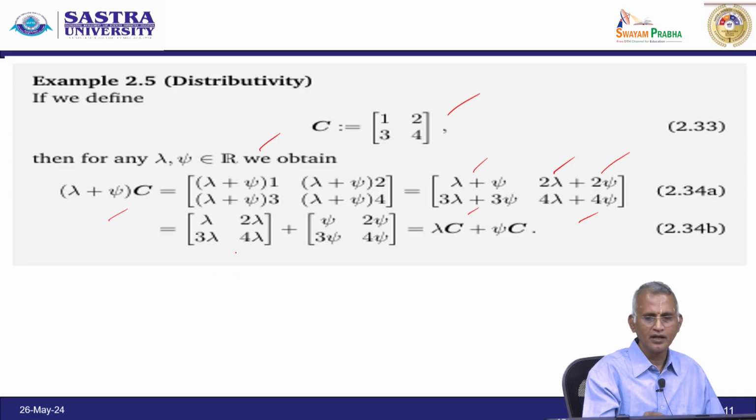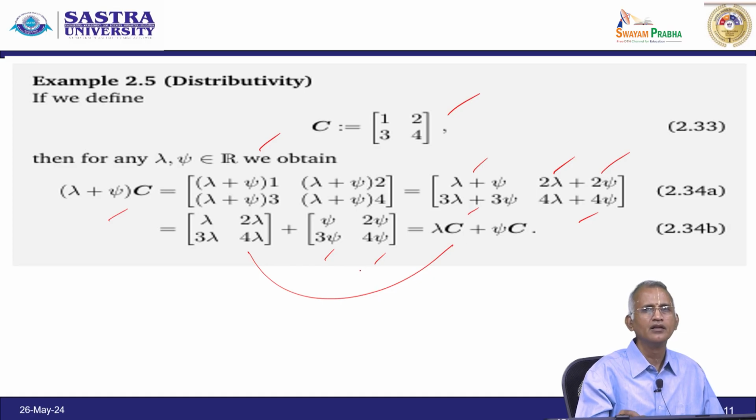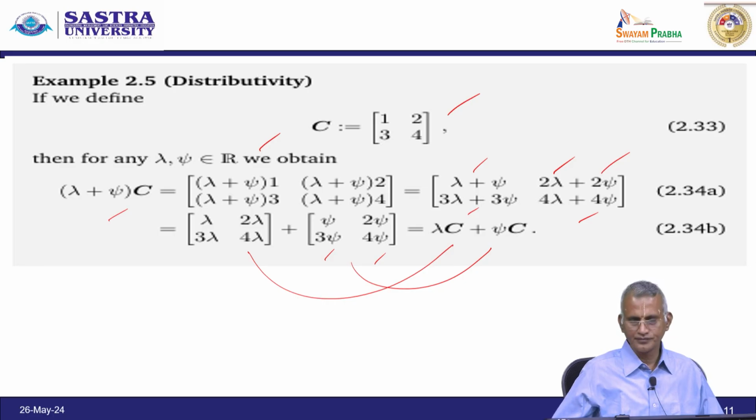One is lambda, 2 lambda, 3 lambda, 4 lambda, and another one is psi, 2 psi, 3 psi and 4 psi. Now you see that lambda can be taken common from all, and psi can be taken common from all. Therefore, lambda C plus psi C will come. So, this way we can use the distributive property in terms of the scalar.